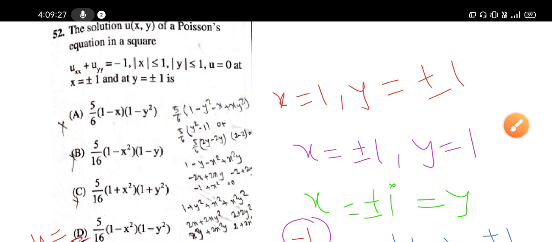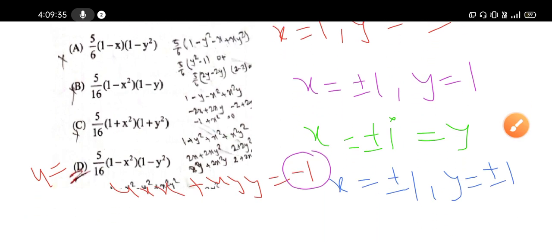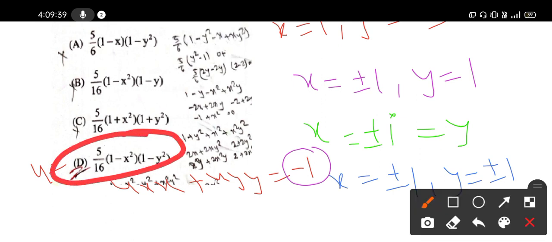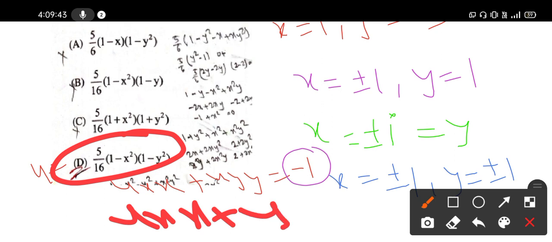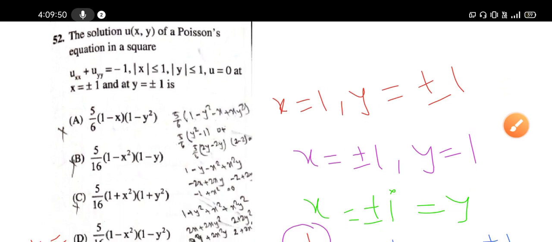First of all, you can suppose options A, B, C, D. Let us suppose u is equal to the expression in option D, and find its derivatives u_xx plus u_yy. Finally we get the answer −1. Then option D is correct. You can discard A, B, C also.